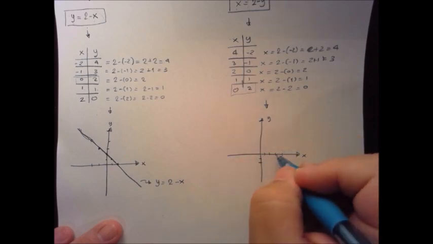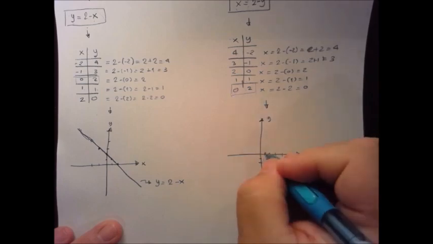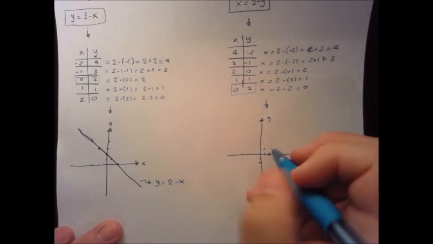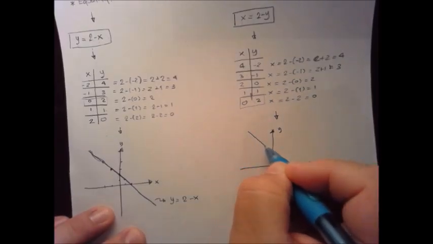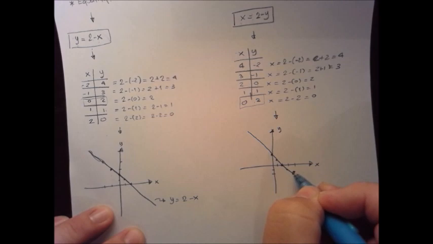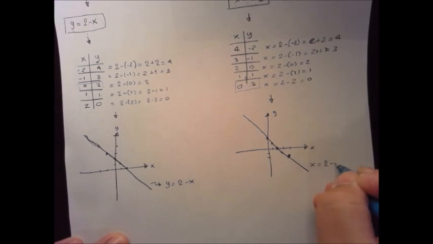Next one is going to be 3, -1 is this one. 2, 0 here, 1, 1 here, and 0, 2 here. Okay, so let's make the graph, and as you can see, it's going to be exactly the same, but represented in a different way.